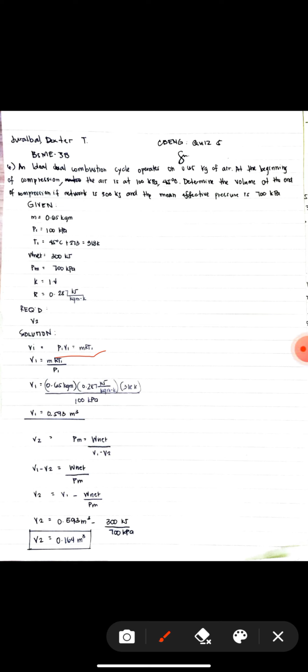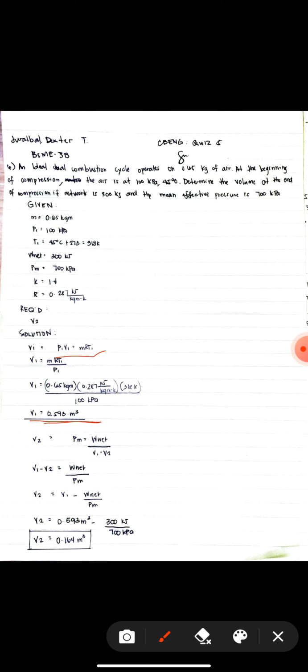So our V1 equals our m of 0.65 kg mass times our R of 0.287 kJ per kilogram mass Kelvin times our T1 of 318 Kelvin over P1 of 100 kPa. So our V1 equals 0.593 cubic meter.